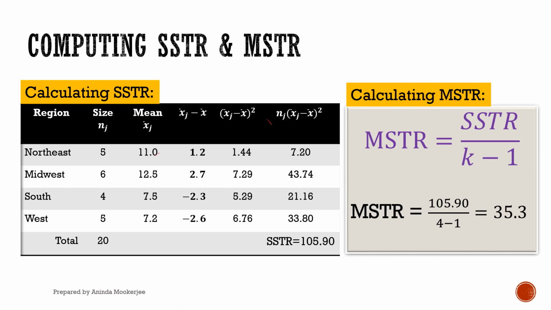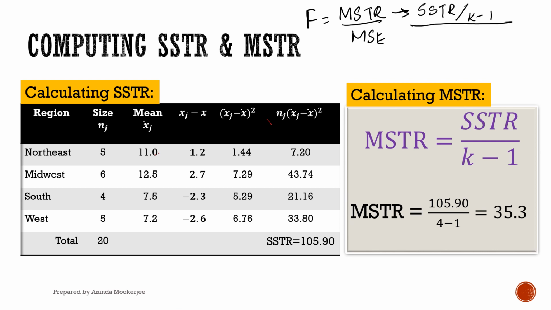Keep in mind, F has the formula MSTR over MSE, and MSTR has its own formula, which is SSTR over K minus 1, and then MSE has its own formula, which is SSE over N minus K. So in order to find the values of MSTR, we first have to find SSTR. Now this slide goes through the process of finding SSTR through a table. But let's just write the formula for SSTR.